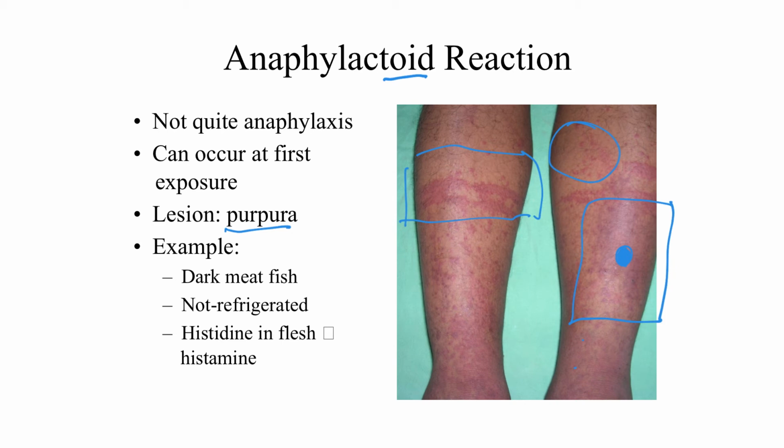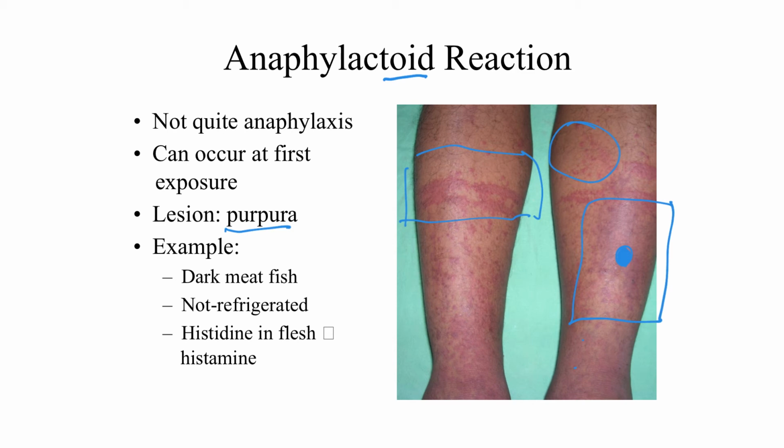So for example, let's say somebody was out ice fishing or fishing in general, like some fish are white on the inside and some fish are dark. When dark meat of fish is not properly refrigerated, it contains a substance called histidine.